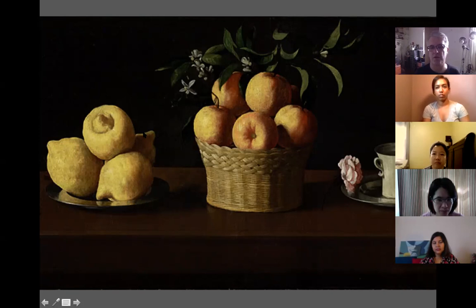So when I say an illusion of form, I mean the illusion that what we are looking at are three-dimensional volumes that we could hold, that we could touch, that we could walk around. So three-dimensional volumes in a space that we could move our bodies through. So that's the illusion that's happening here.